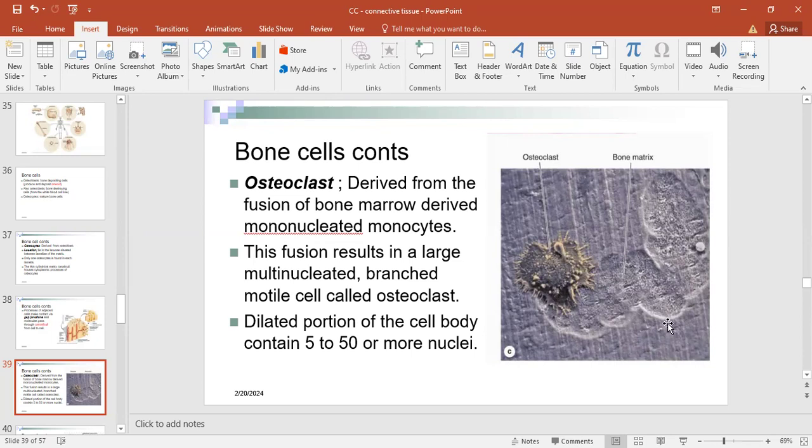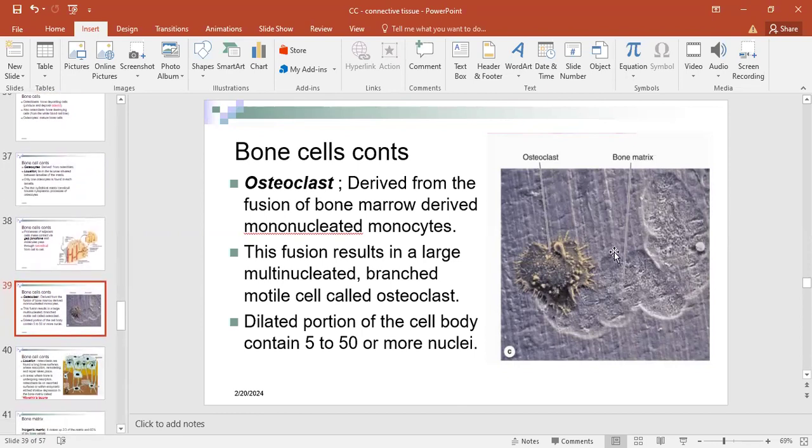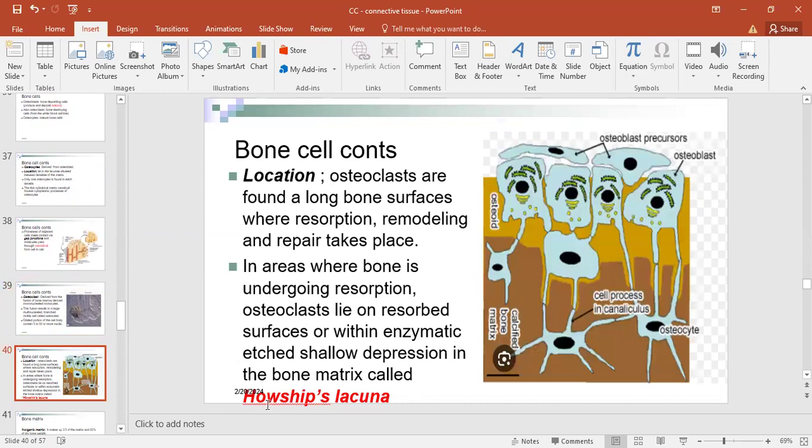If too much osteoid has been deposited, they start resorbing and removing it. Here is a place where they have resorbed. And then we have a place where osteoclasts settle, known as the Howship's lacuna.